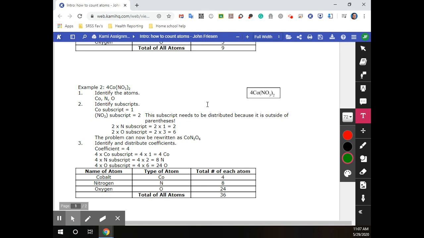So we go 4 times 1, 4 times 2, and 4 times 6, because remember we've rewritten them as 2 and 6. 4 times 1 is 4. 4 times 2 is 8. And 4 times 6 is 24. So 4, 8, and 24 for a total of 36. So that's how you count atoms.